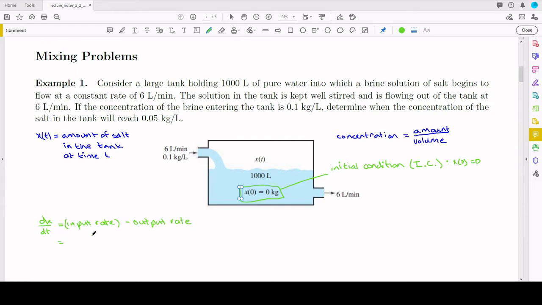So what is the input rate? Well, we can break the input rate down into two components. It's the input flow rate. How fast is the water coming in? Times the input concentration.